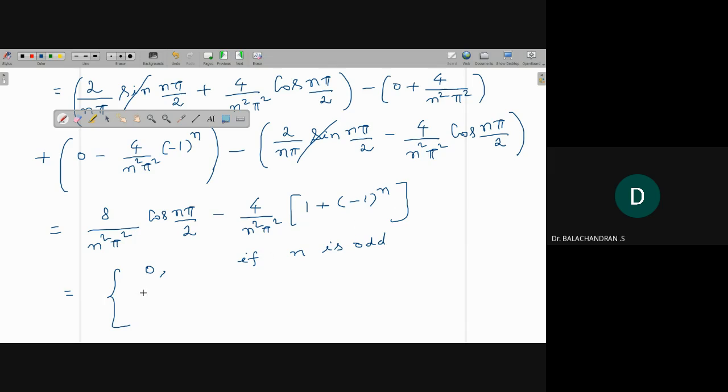Similarly, when n is even, I took n equal to 2m.